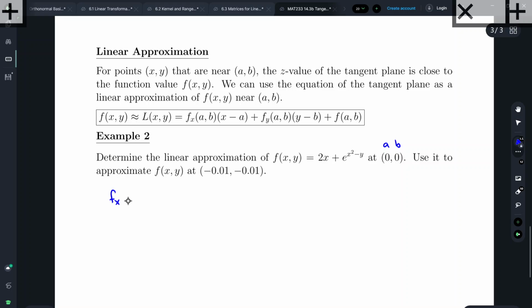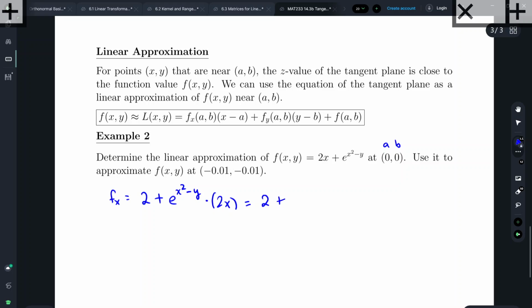So the partial derivative with respect to x. The derivative of this term is 2. And then here we should use the chain rule, right? The derivative of the exponential function is exactly the same exponential function, except we have to multiply by the derivative inside. Again, we're differentiating with respect to x, so the derivative here is 2x. Okay, so let's rewrite this.